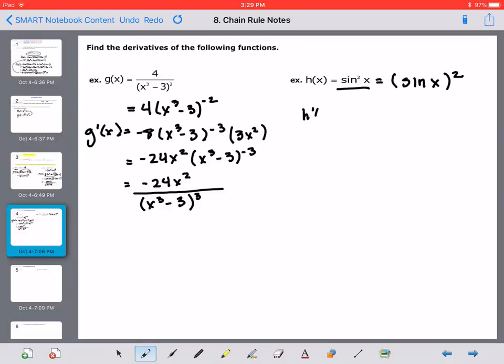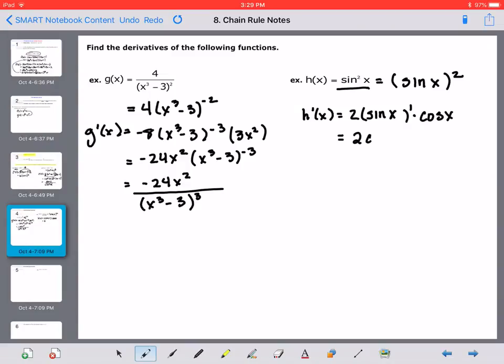So h prime, derivative of the outside, goes to the first power, with the inside the same, times the derivative of the inside, which happens to be cosine. Okay.